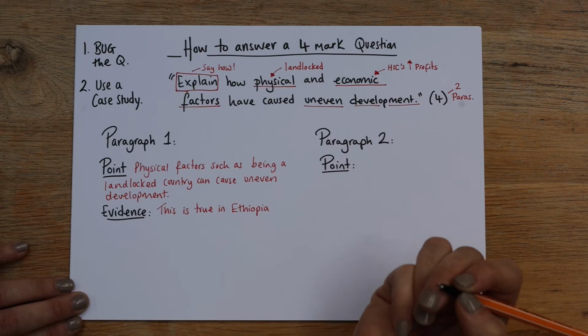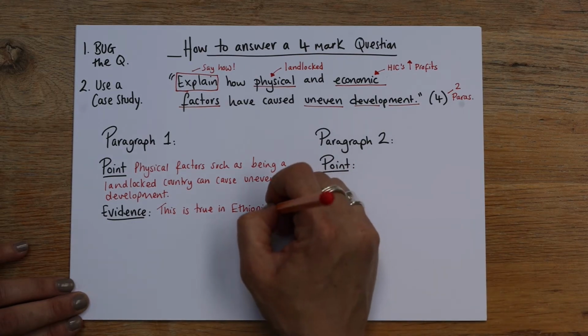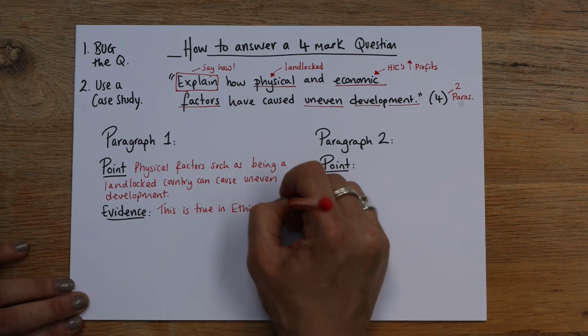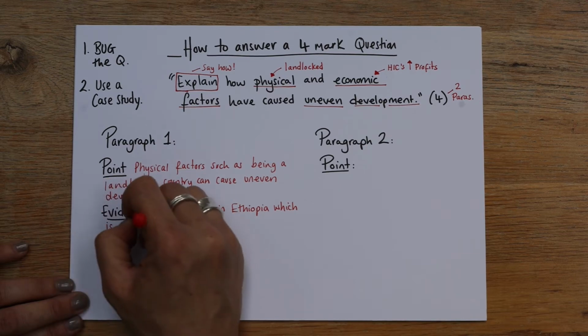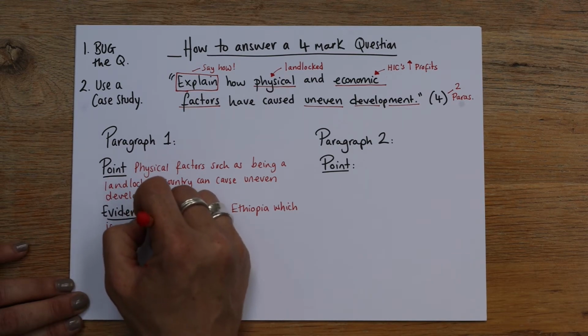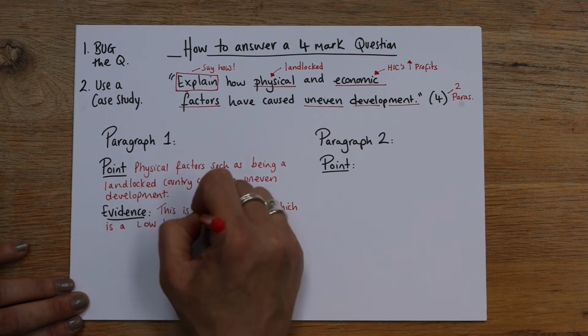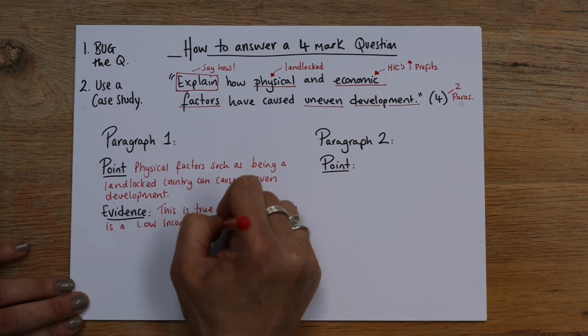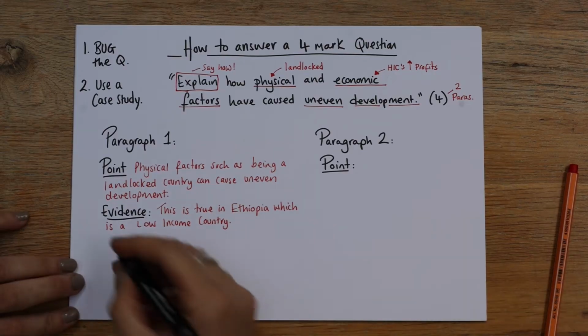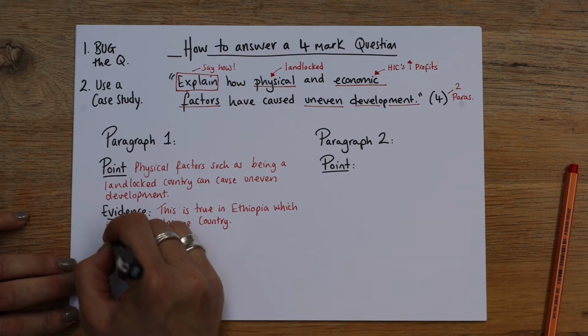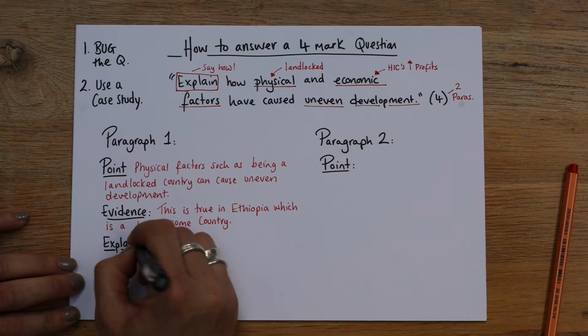Okay, in Ethiopia, which is a low, I'm going to write the whole thing out, but you could put LIC, a low income country. Okay, now we need to explain that. Why does it matter that it's landlocked?